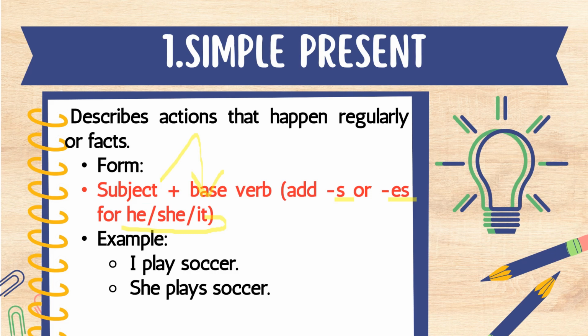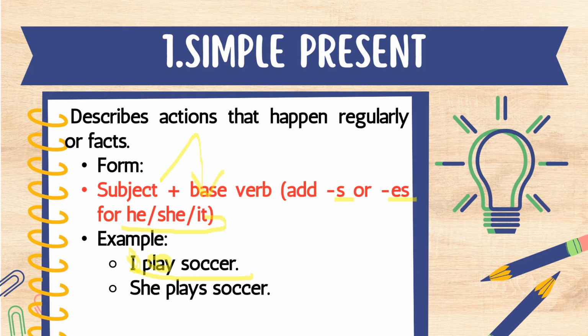Like, see, you have an example, I play soccer. So in this, I is your subject, and you are playing soccer, which is telling you about the action. So play is your base word because it is telling you about action. So play is your verb, right?